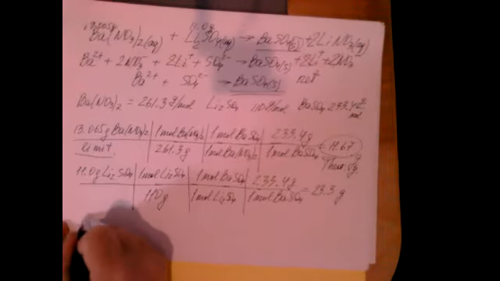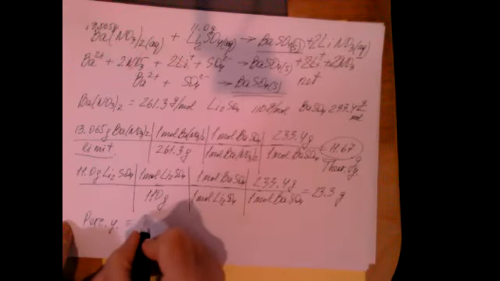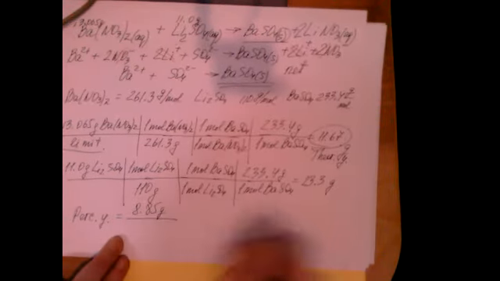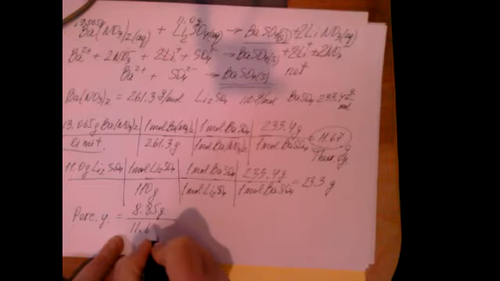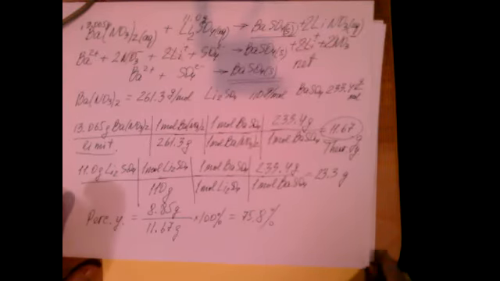So we can calculate percent yield, which equals actual yield, 8.85 grams, divided by theoretical yield, 11.67 grams, times 100%, and I got 75.8%. Okay, that's it.